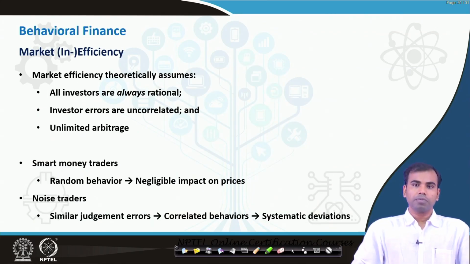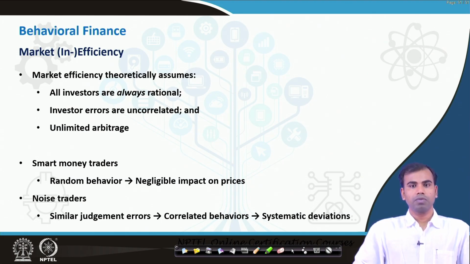Basically, the major assumptions of the efficient market hypothesis are as follows: all economic agents, in financial markets these are investors, are always rational, which implies that they always consider all the information and make decisions which are in their best economic interest.